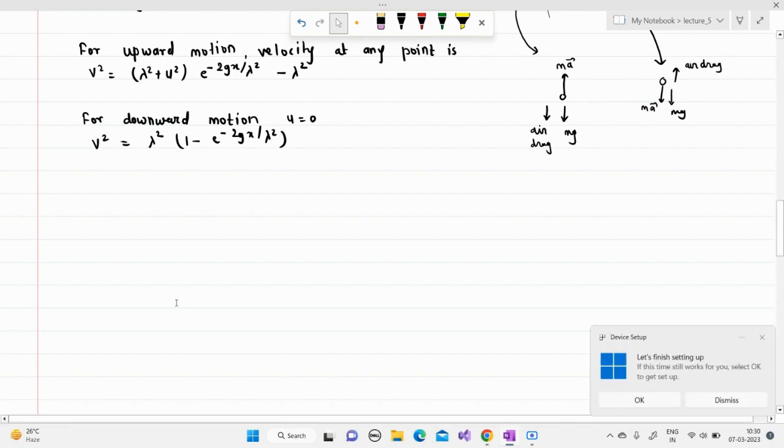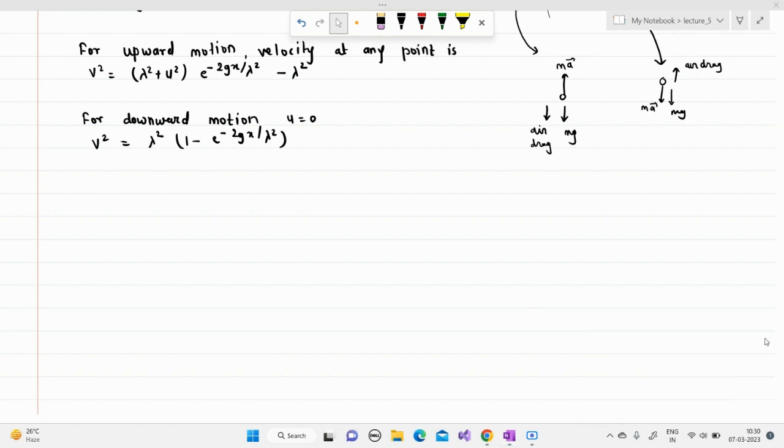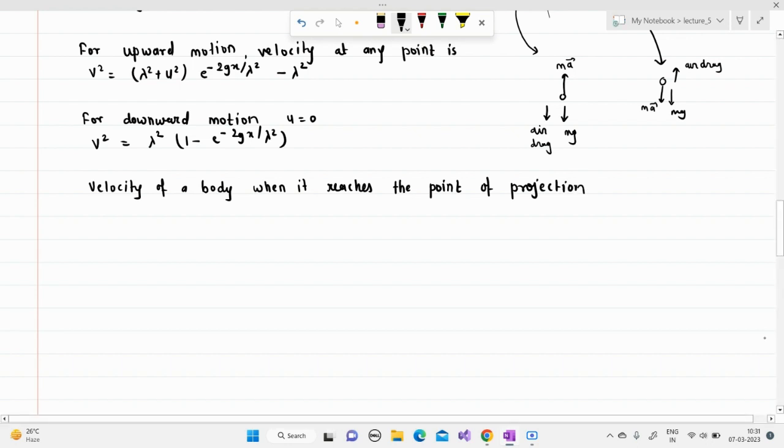So the velocity of a body when it reaches the point of projection is found by putting, oh sorry, x is equal to h.